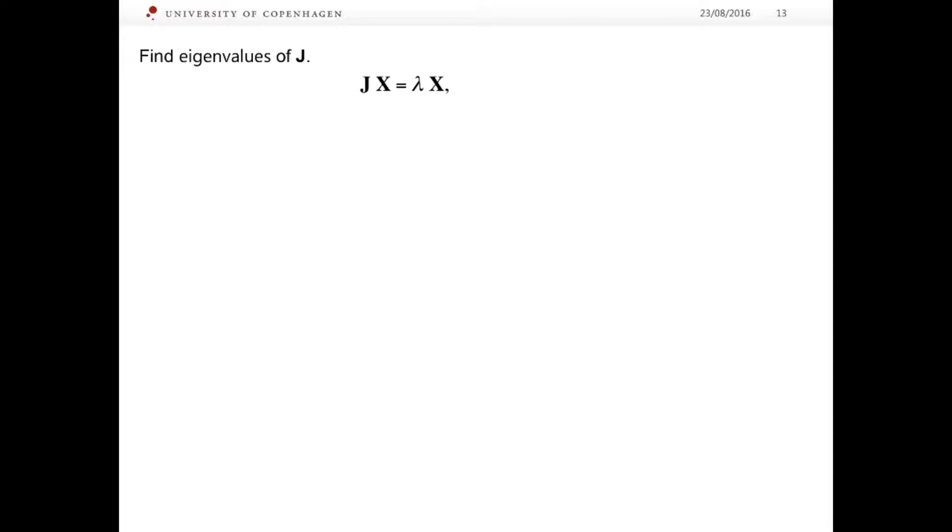So how can we find lambda? Look at the left-hand side of this equation. We know that if we take vector x and multiply it by the identity matrix I, nothing will change. To remind you, the identity matrix I is a square matrix which has ones on the diagonal.